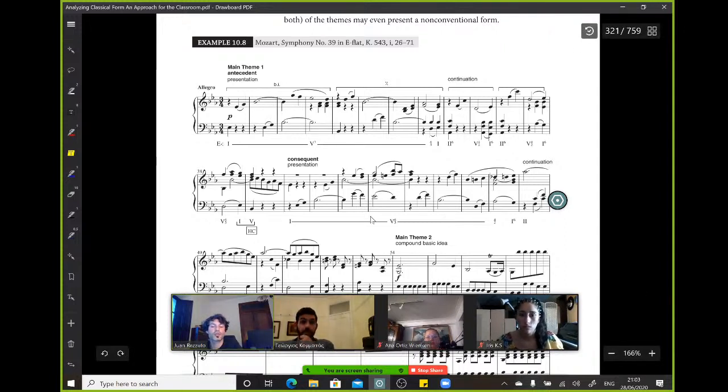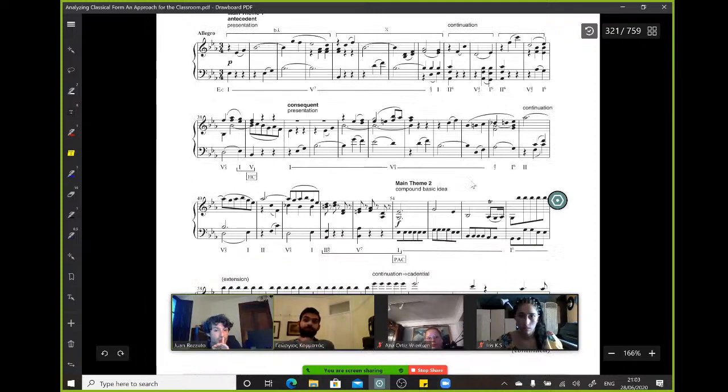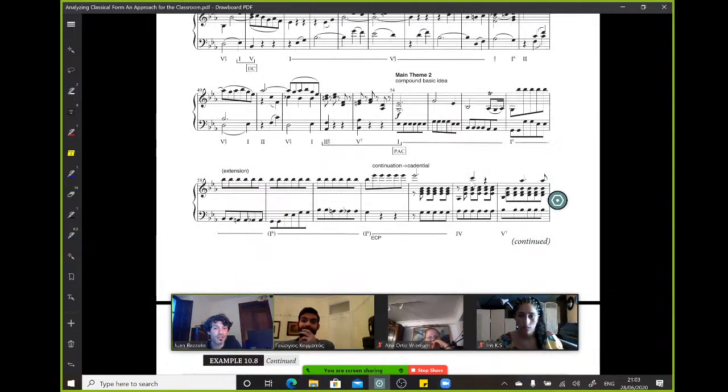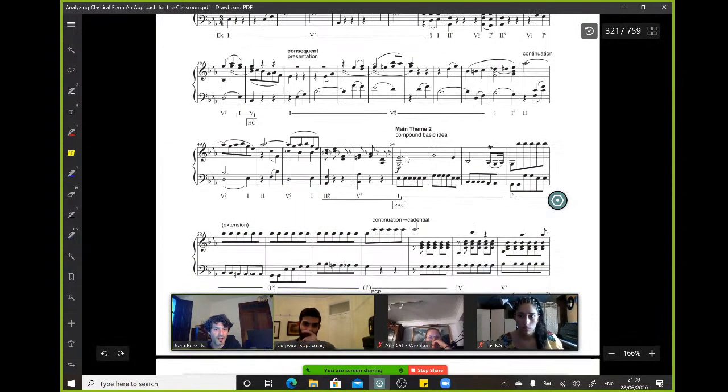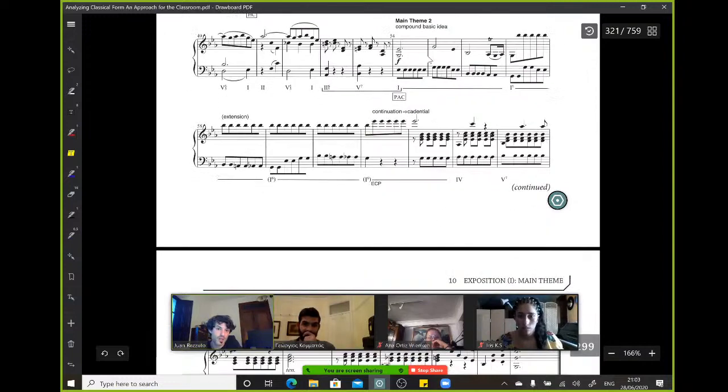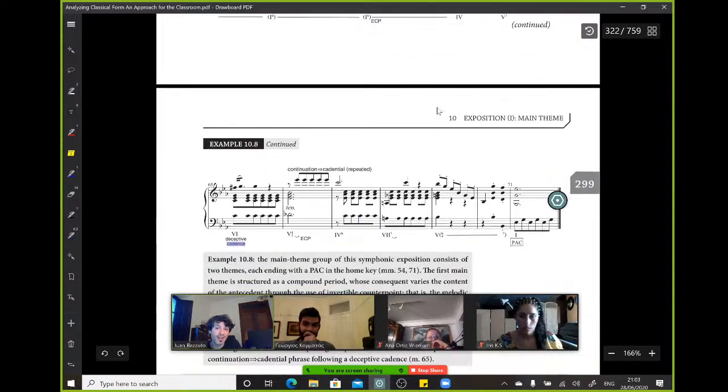In the exposition of the sonata, for example, we have two main themes, and the two main themes are in the tonic. So we have a main theme here, with all its alterations, and then we have a main theme two, a compound basic idea. As we said, the compound basic idea achieves 8 bars, and the continuation cadential needs to be extended, so it can be symmetrical to the first one, okay?